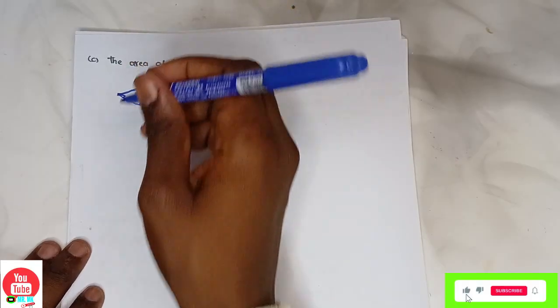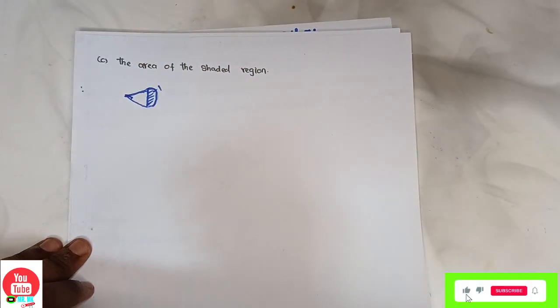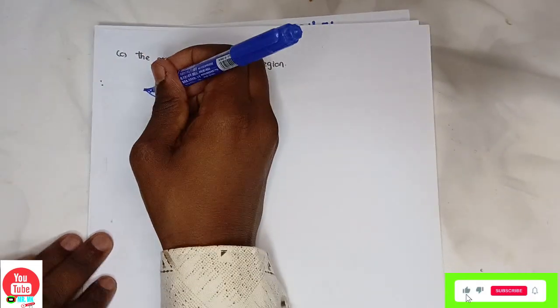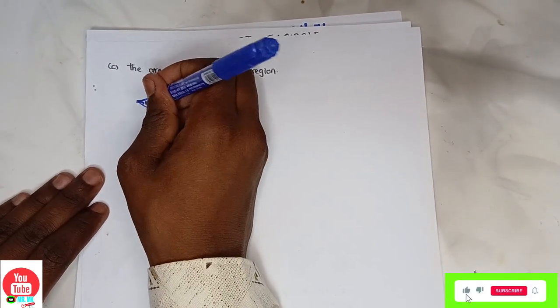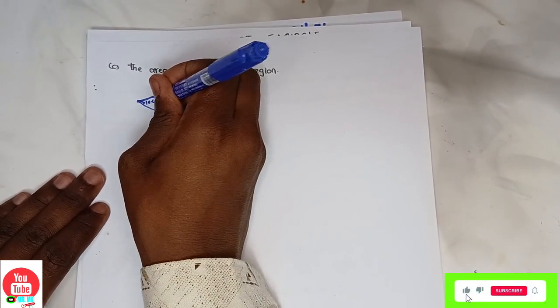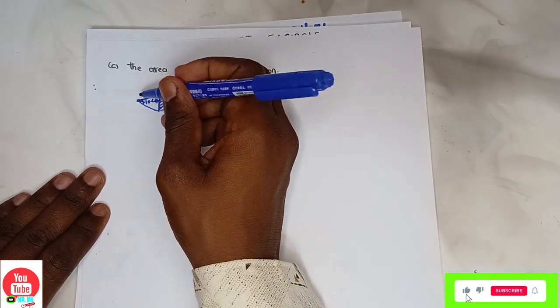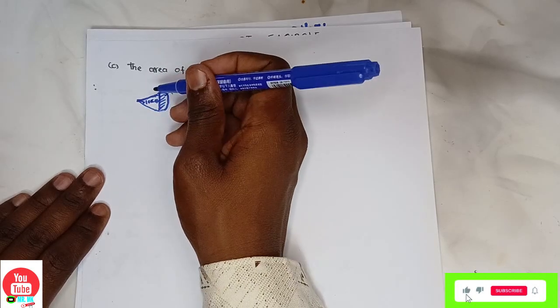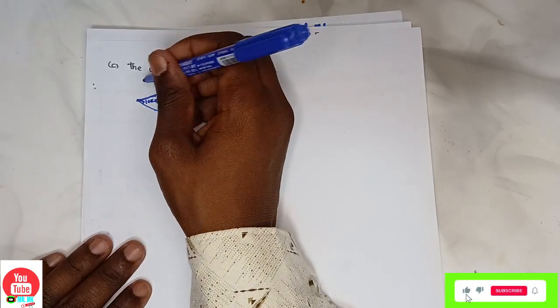The angle we get is 106.26. That one is, the angle is 106.26. Here we have 5 centimeters.